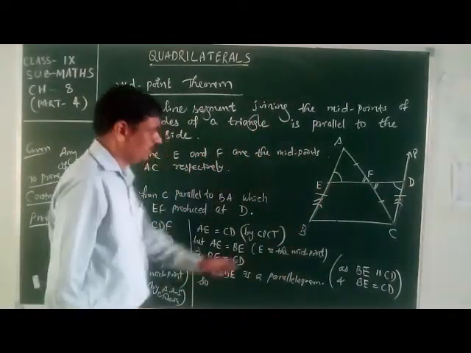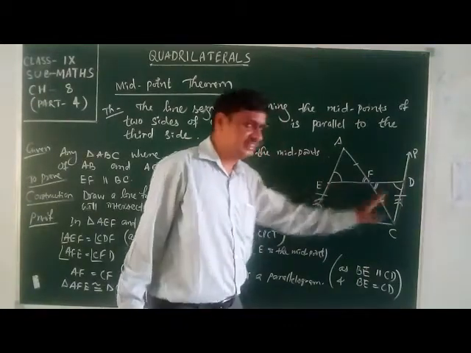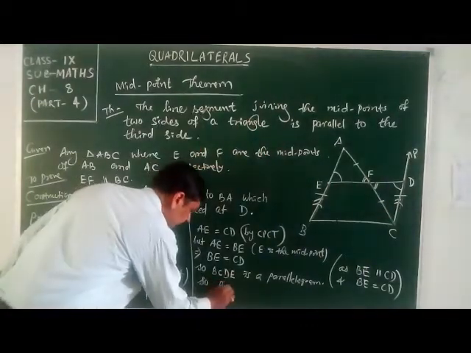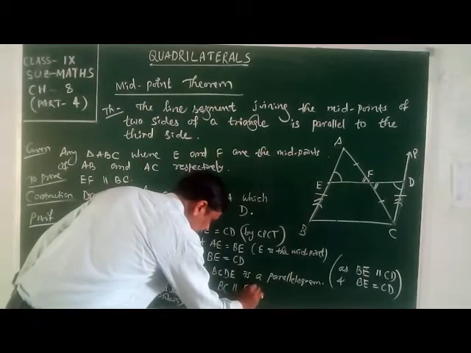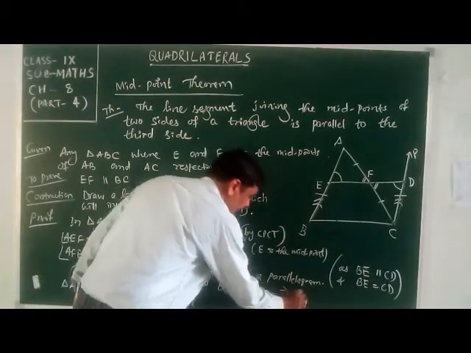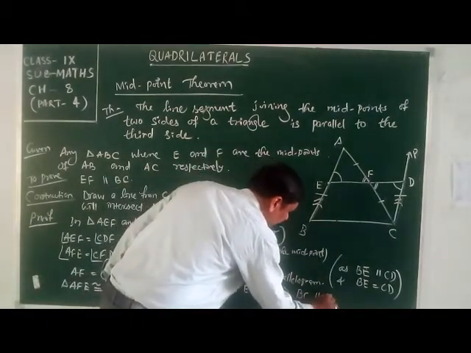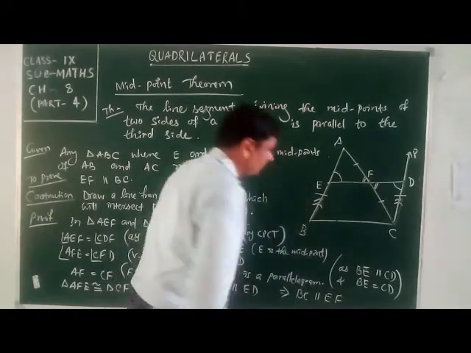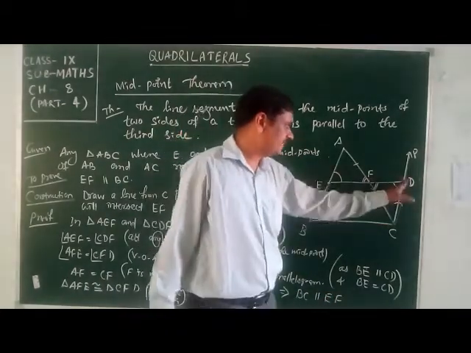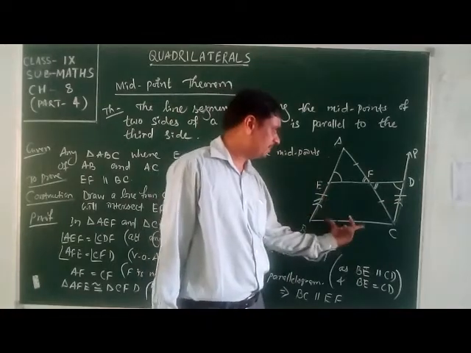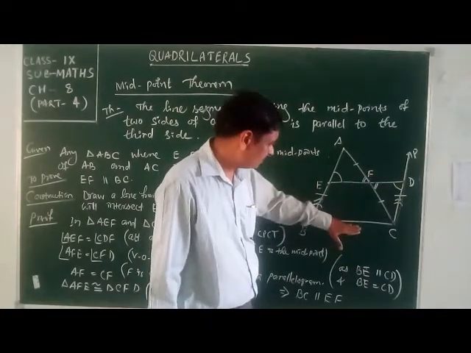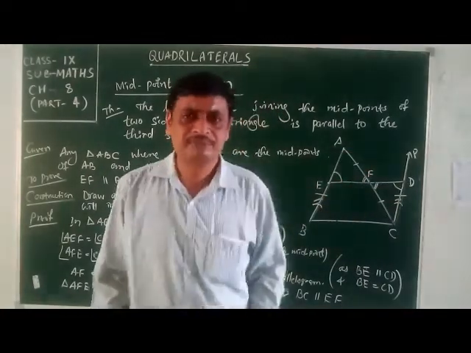So BC is parallel with ED. This implies BC is parallel with EF. Since BCDE is a parallelogram, BC is parallel with ED. This implies BC is parallel with EF also. It is proved.